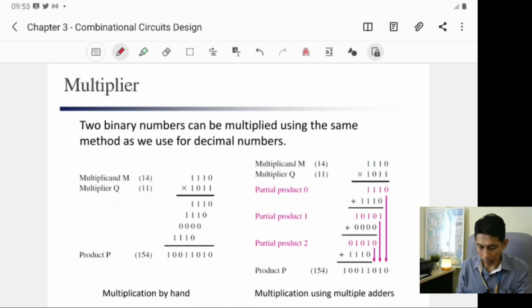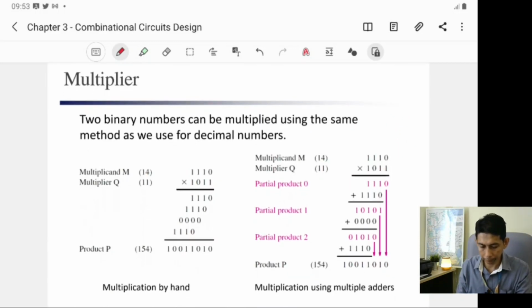Now we look at multiplier. Okay, how do we create a multiplier in hardware? How to multiply a number in hardware? Again, we need to understand how multiplication is performed in binary, and of course in human interpretation, how we perform multiplication on paper.